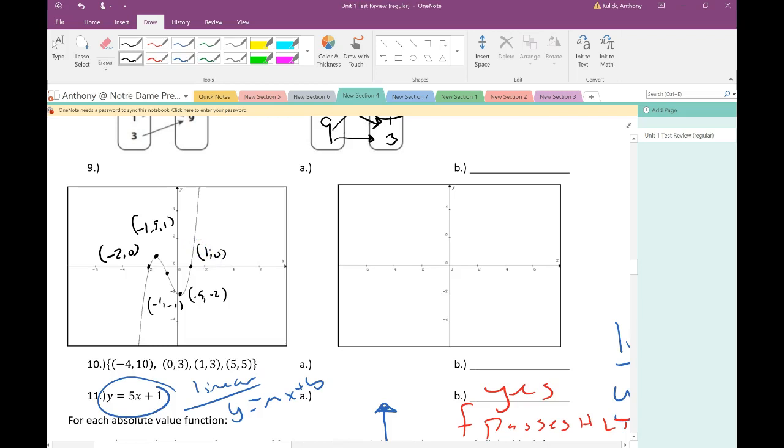So I'm going to graph these over here, but in making the inverse, I'm going to switch the x and y values. So for example, instead of 1, 0, I'm going to graph 0, 1. Instead of 0.5, -2, I'm going to graph -2 and 0.5.